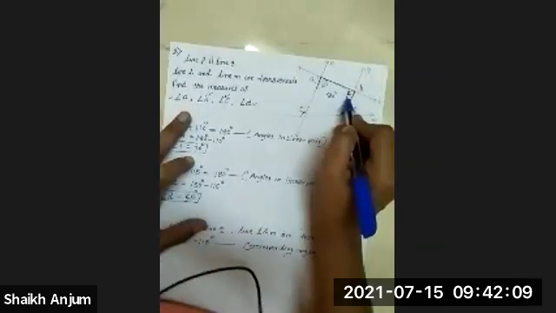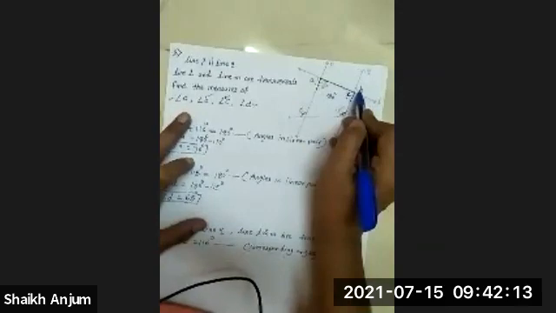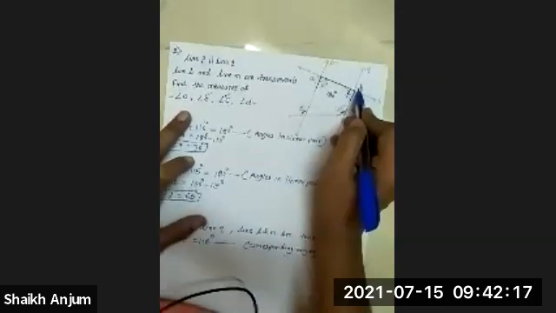And if that is 70, this B is a vertically opposite angle, so that will also be 70.